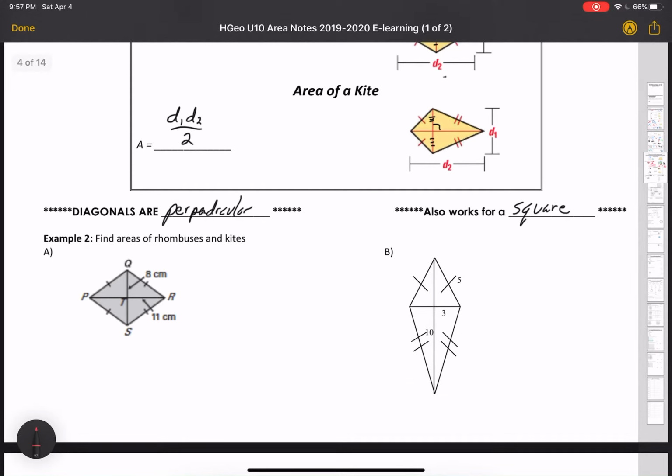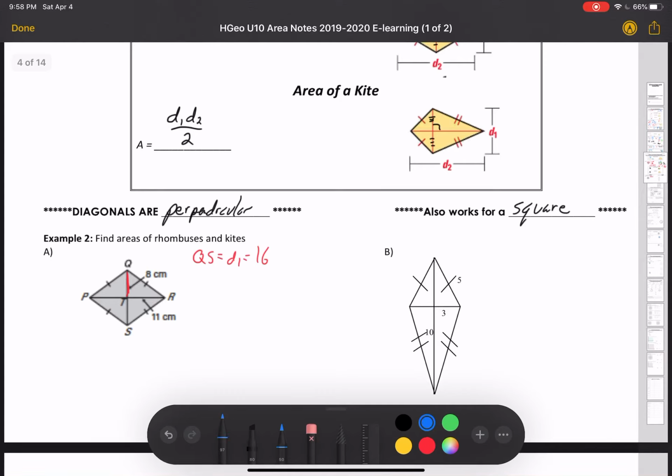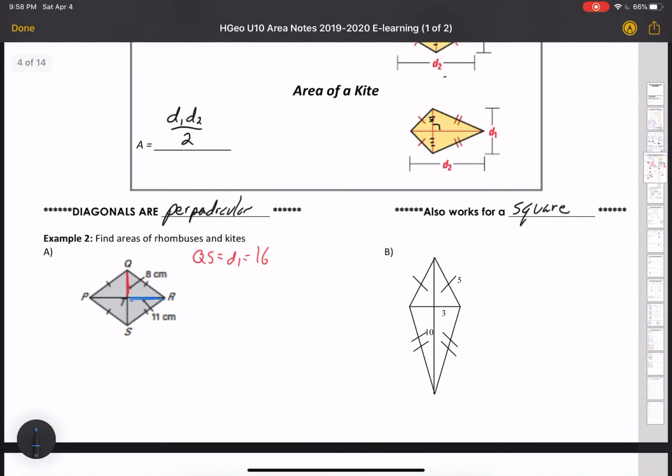So if we've got that this part is 8, that means the whole segment, QS, which I'm going to call D1, 8 times 2 is going to be 16. And if this part of RT is 11, then RP, which is going to be D2, is going to be 22.